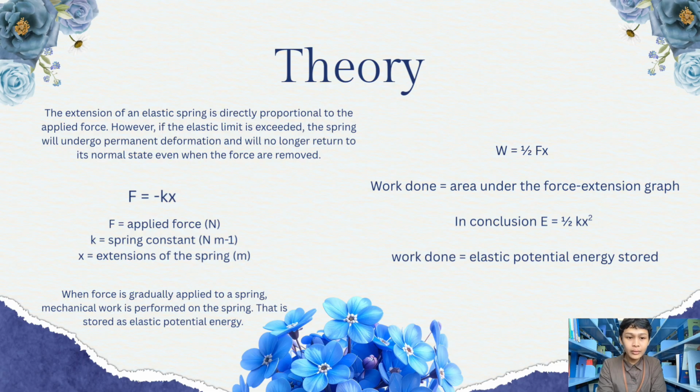This work done is equivalent to the area under a force-extension graph, represented by W equals 1/2 Fx. Ultimately, this concludes that the total elastic potential energy stored in the system is expressed as E equals 1/2 kx to the power of 2.